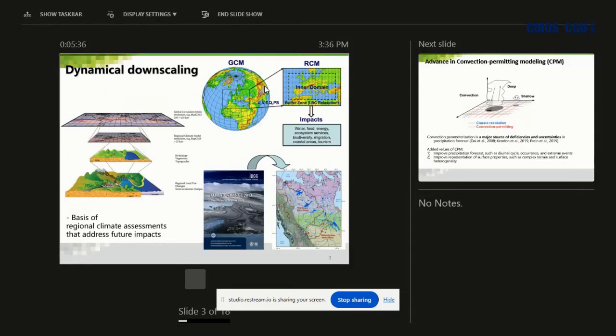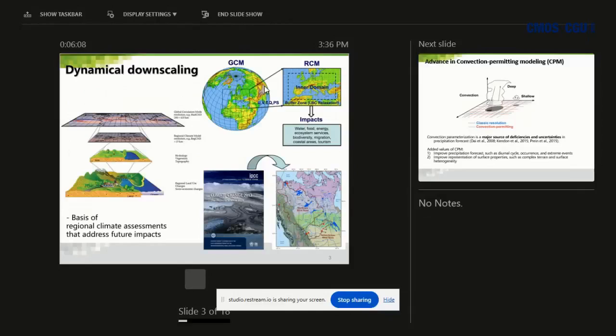The GCM covers the whole Earth, and we use a small domain that covers the region we're interested in, but with finer resolution. We nest it in the GCM and use the GCM output at grid points as a boundary condition to force the regional climate model, and then we get information at a much finer scale, but for a smaller region.